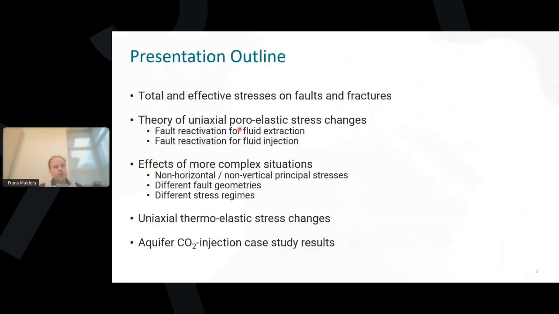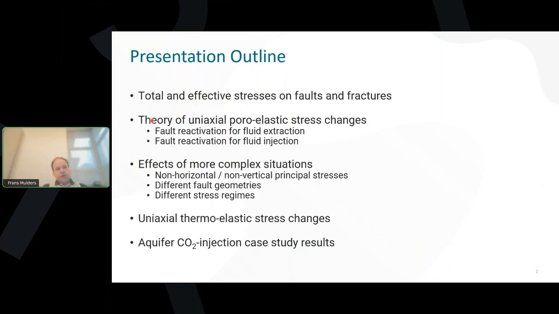Okay, so first of all, I'm going to be maybe a bit boring for some people when I talk about total and effective stresses on faults and fractures. But I think I have to introduce a few basic concepts in order to understand the rest of the talk.